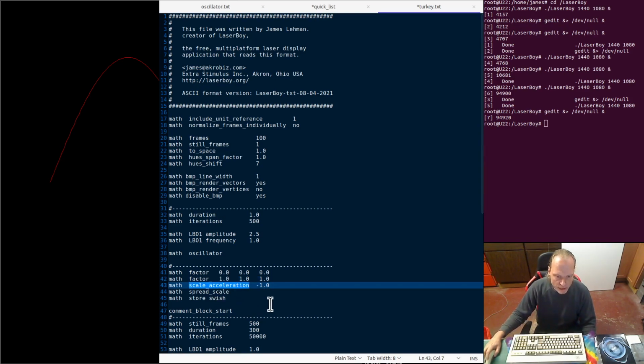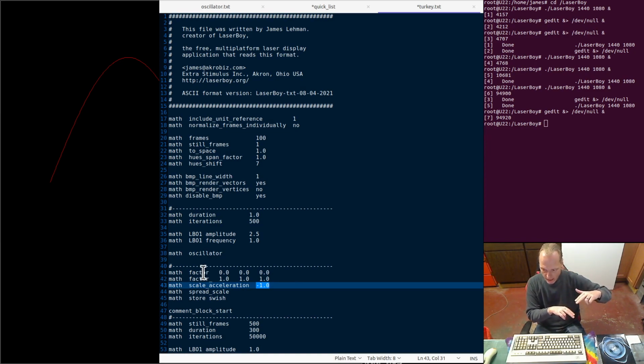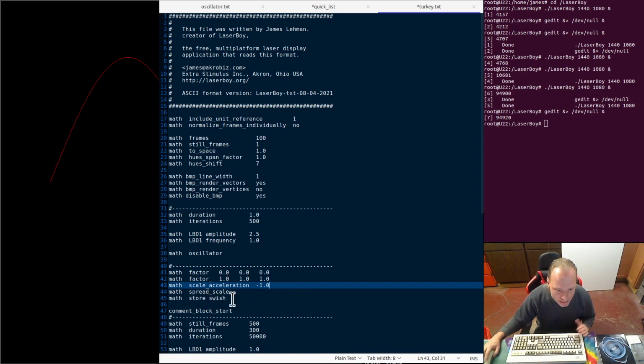This time we're using acceleration, negative scale acceleration, -1, which means that as the factor is being applied to all the vertices in the frame, from the first one to the last one, it is continuing to increase in factor, in size, in magnitude, but the rate of its increase is decelerating.